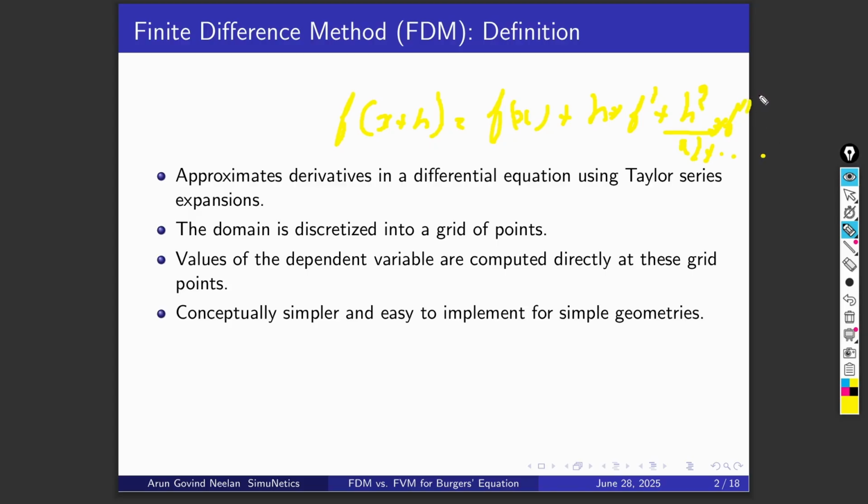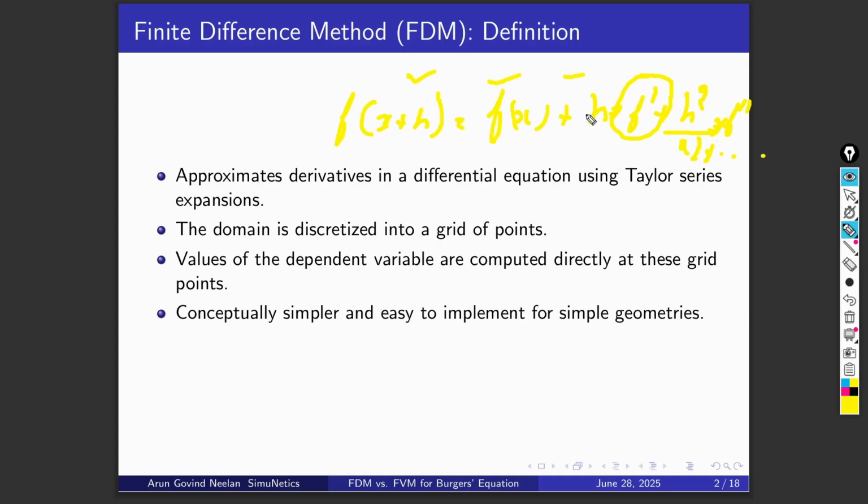Based on that, we can convert that partial or ordinary differential equation into algebraic equations. In a partial differential equation, we have these terms: first derivative, second derivative, and those terms. Those terms can be represented in difference form like this.